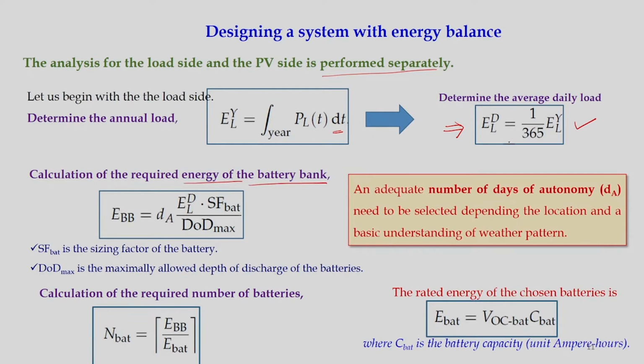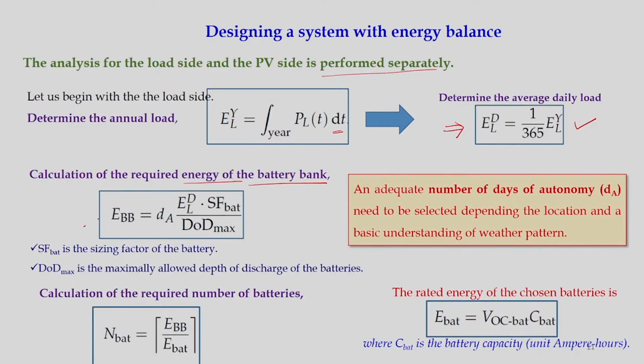Once it is done, from that we must know the amount of energy to be delivered by the battery. We know that this much of daily load is there, so for that we must design the number of batteries required of that particular capacity, right. So, for that we must know what energy is required from the battery bank.